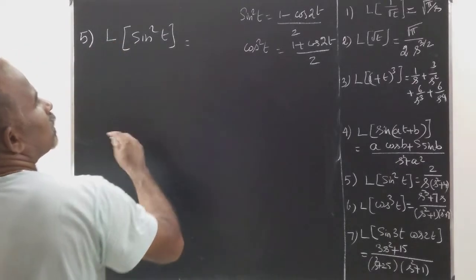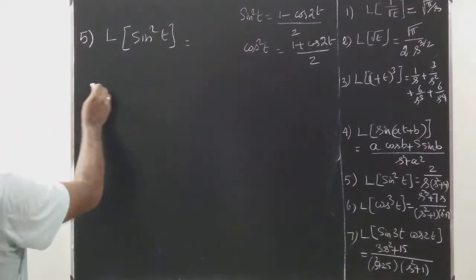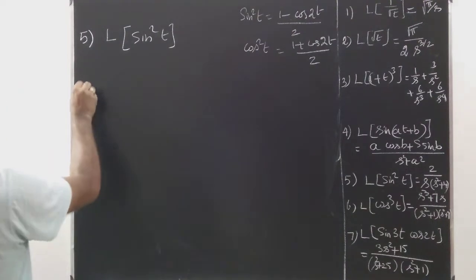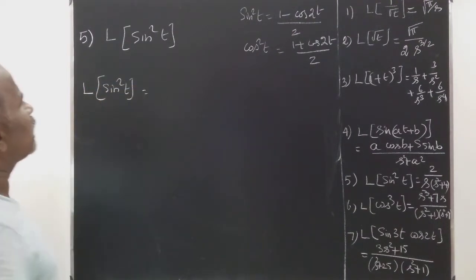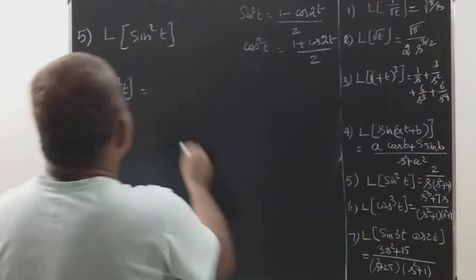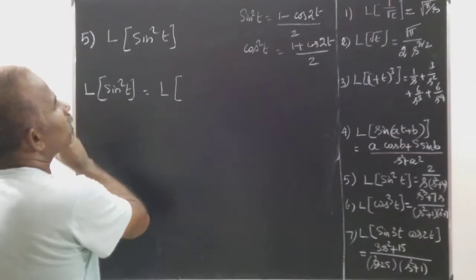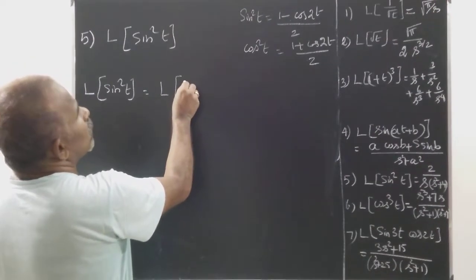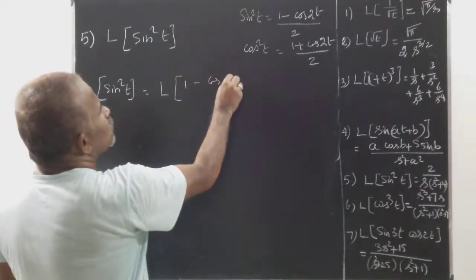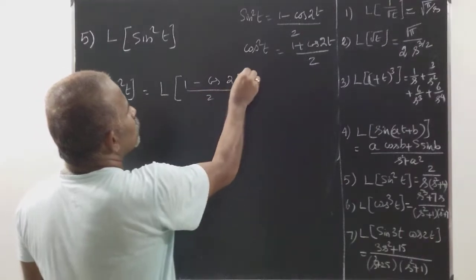Okay. So here Laplace transformation of sin squared t is equal to Laplace transformation of 1 minus cos 2t by 2.